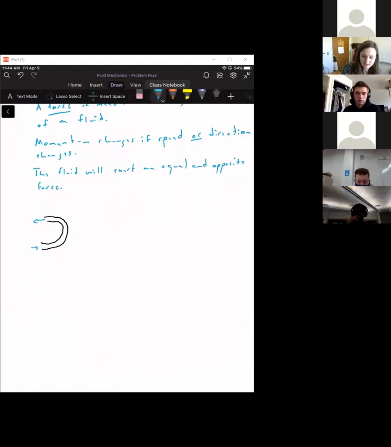To the left. Because it changed the direction of the flow from going to the right to going to the left. So it had to push it that way. And then the force of the fluid on the pipe would go the opposite way.